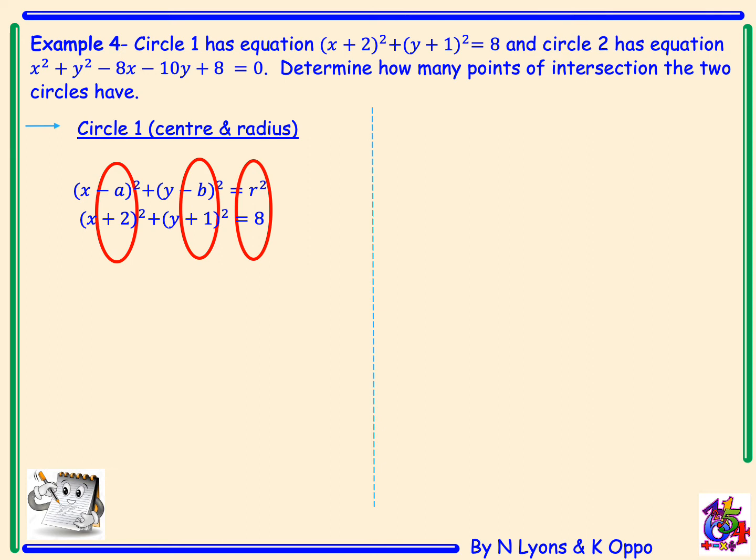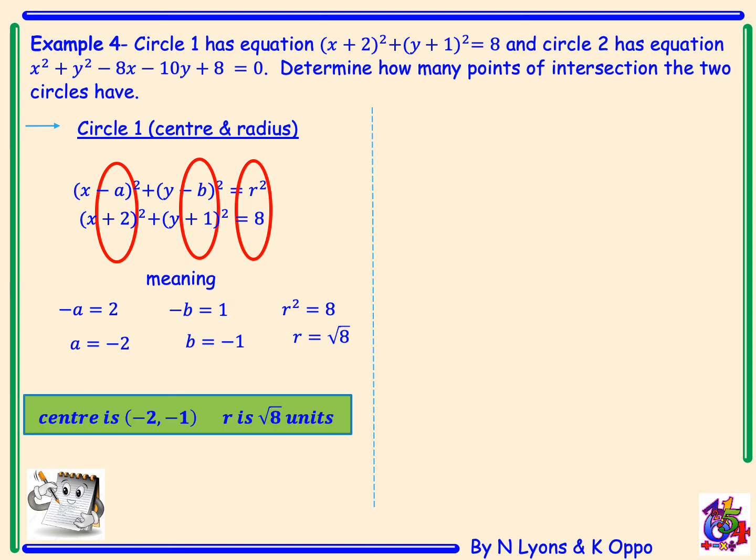We'll compare our coefficients. So negative a is equal to 2, meaning that a is minus 2. Negative b is equal to 1, therefore b is negative 1. And r squared is 8, meaning r is root 8. Therefore, the centre of this circle is negative 2, negative 1, and it has a radius root 8.